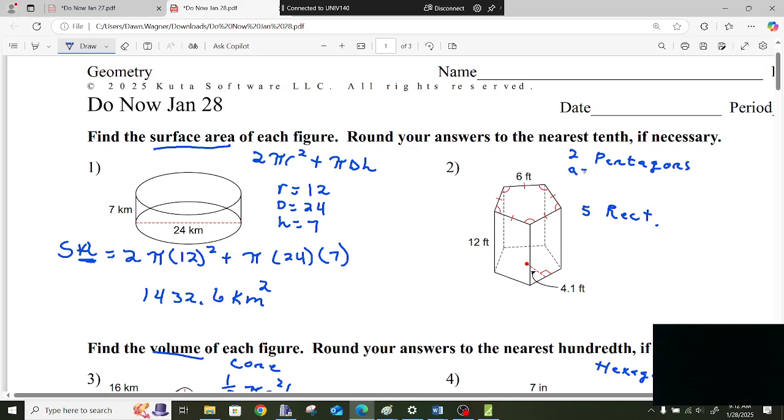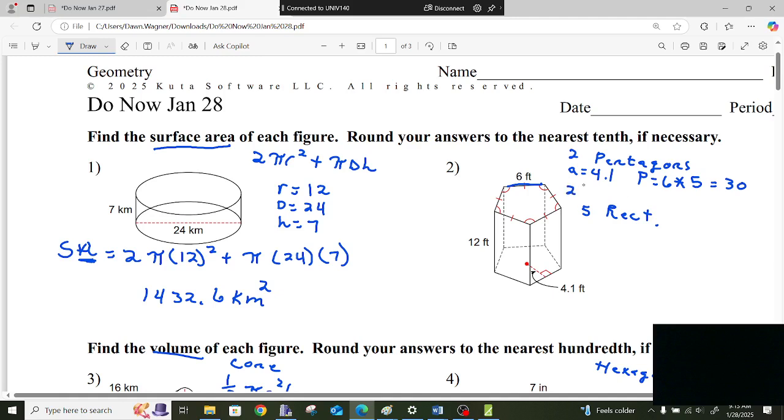What's my apothem? 4.1 is the apothem. To find perimeter, it's the side length, which would be 6, times the number of sides, which is 5, so that is 30.